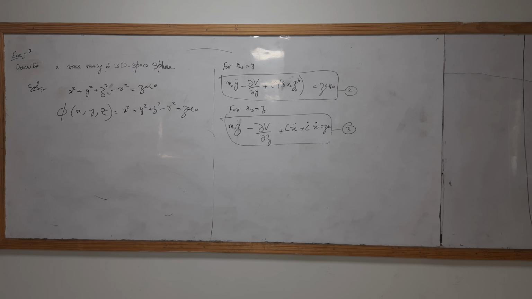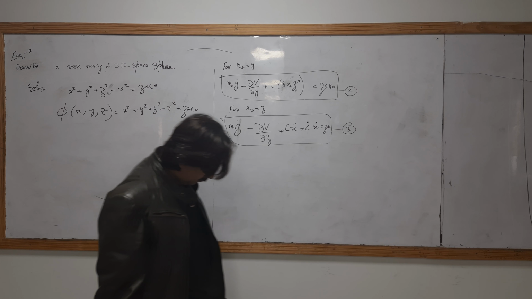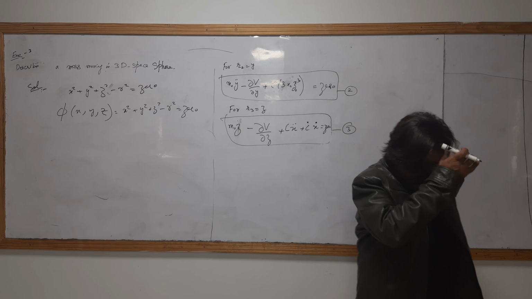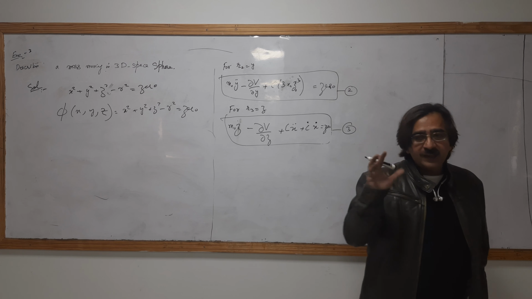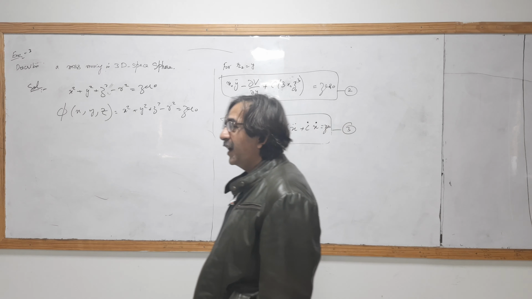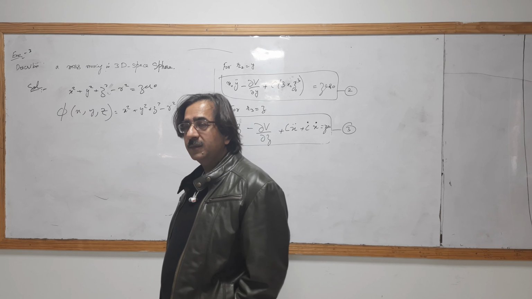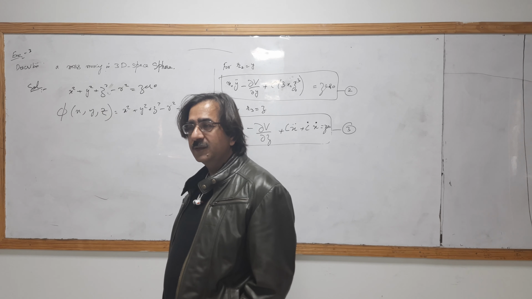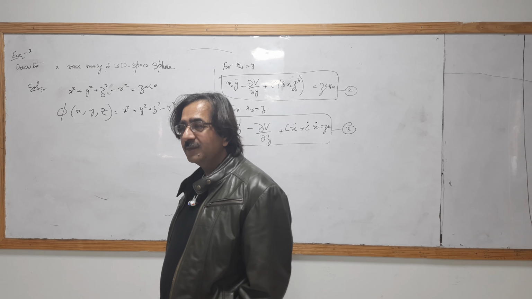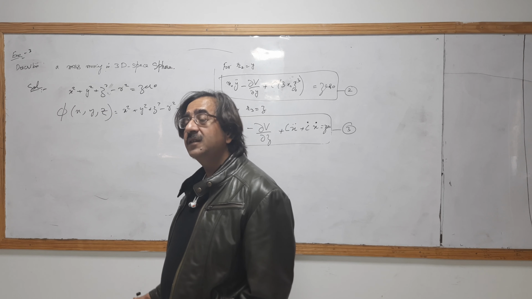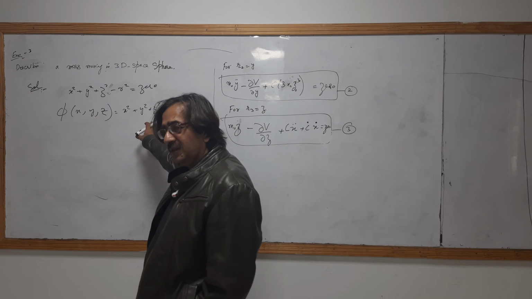And in that case, the Lagrangian multiplier method will not be used. Why? Because this is a given constraint.